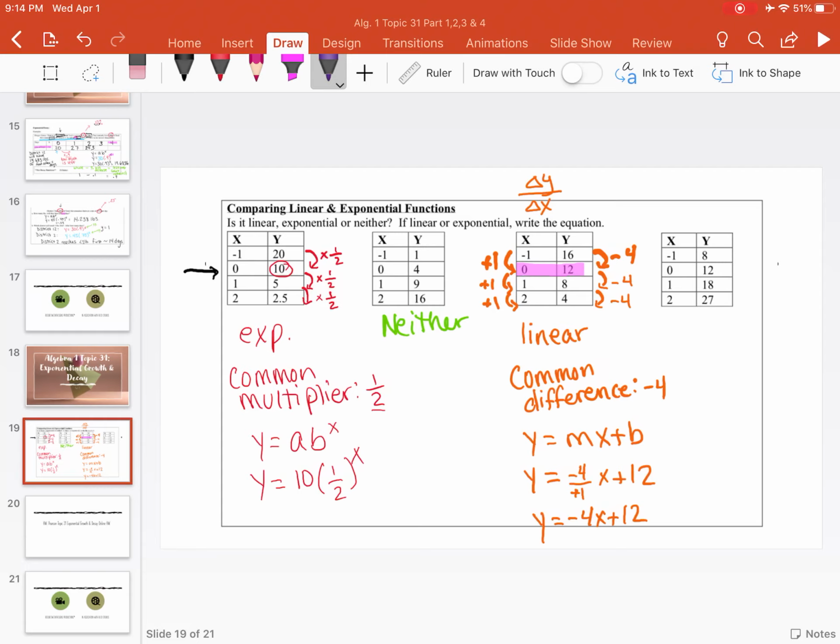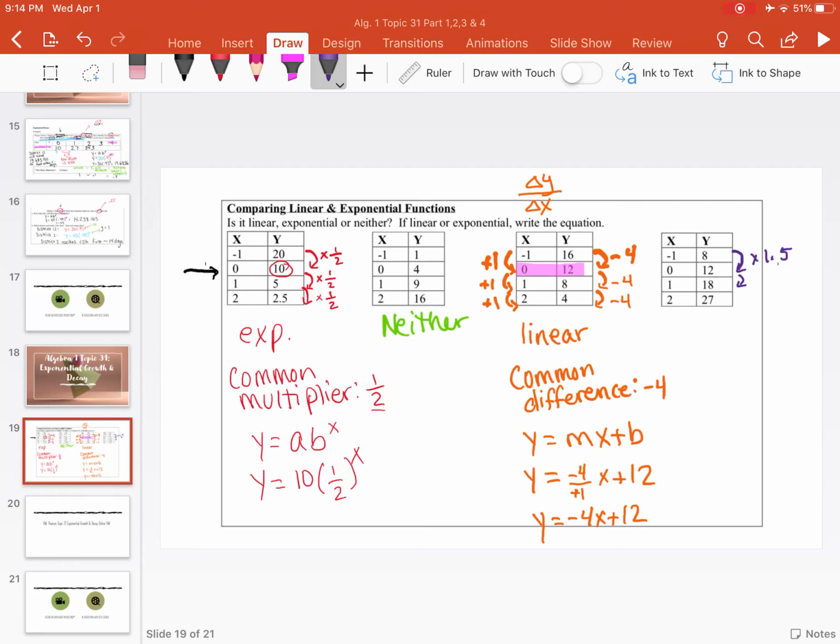Looking at the last example, we go from 8 to 12, 12 to 18, 18 to 27. So what's happening here? Well, we could be adding, and it seems kind of consistent except for this 27 down here. So let's see if we can multiply by anything. In order to get from 8 to 12, we can multiply by 1.5, or 3/2.